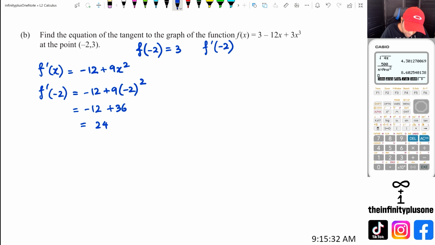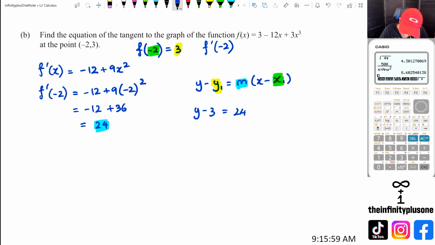Now we need the equation of a straight line. So we've got y minus y1 equals m times x minus x1. Remember that your y1 value is 3, your x1 value is -2, and your gradient is actually 24. With that in mind, we have y minus 3 equals 24 times x minus -2.